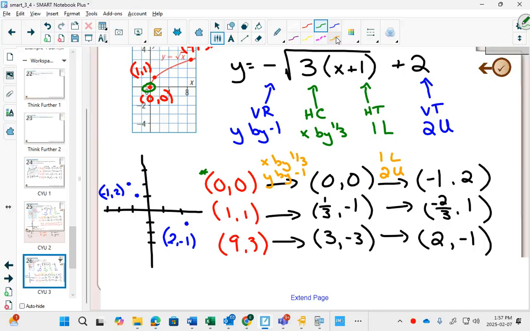So that changes to this starting point here. That helps me to say this is where I'm going to start my graph. And it has to curve down like this.